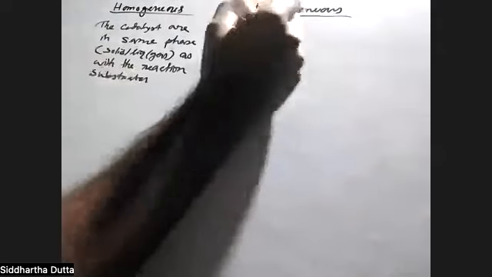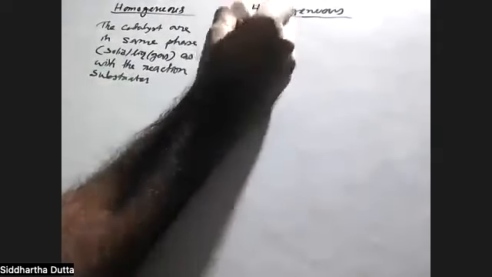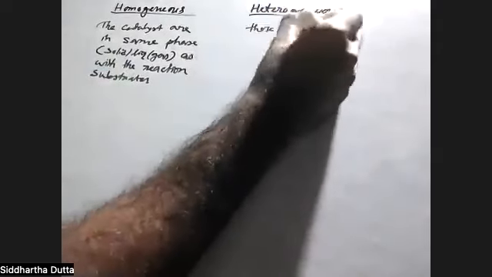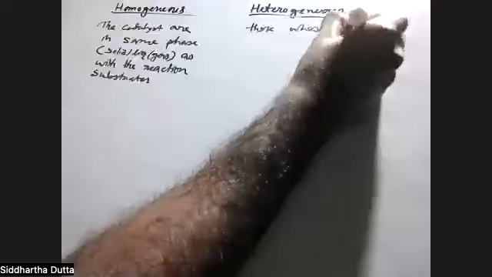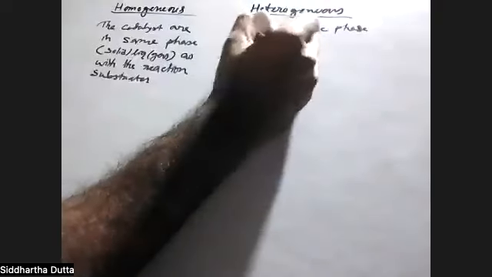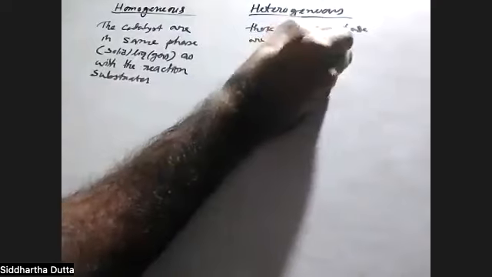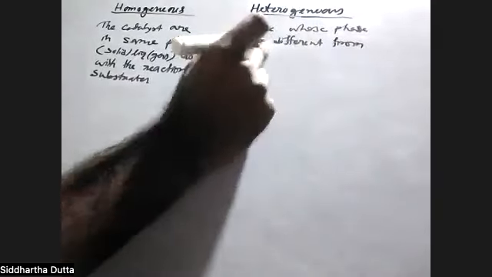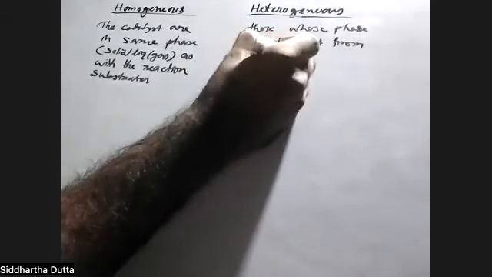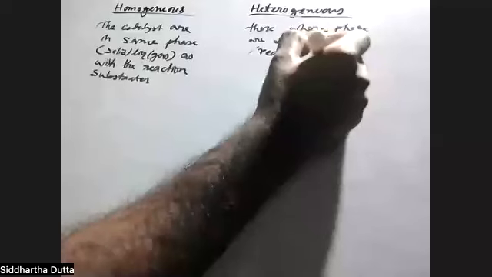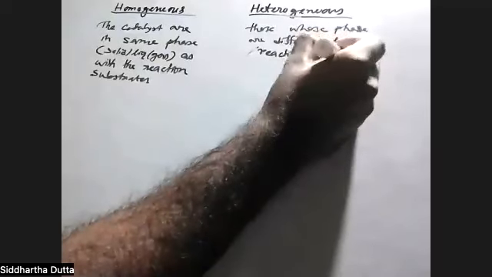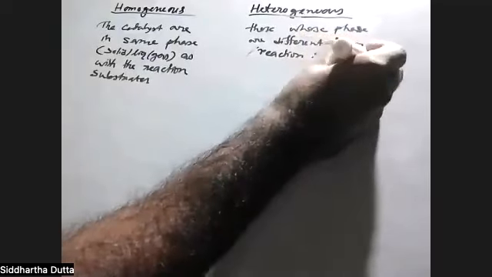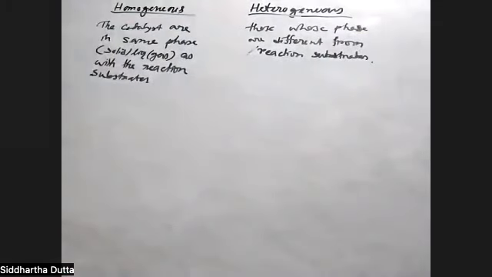On the other hand, sir, heterogeneous catalysts are those whose phase is different from the reaction mixture or reaction substrates. So this is the basic difference between homogeneous and heterogeneous catalyst.